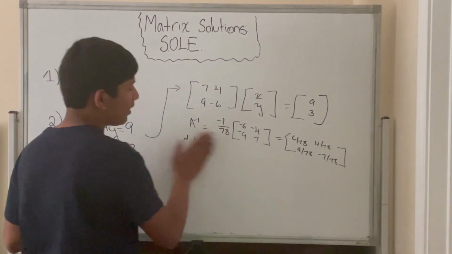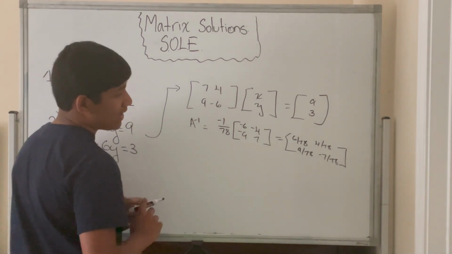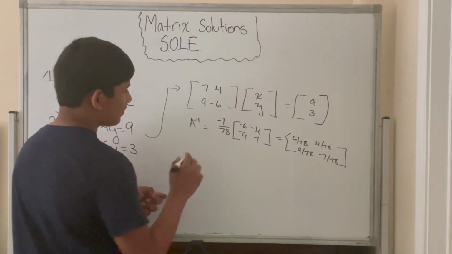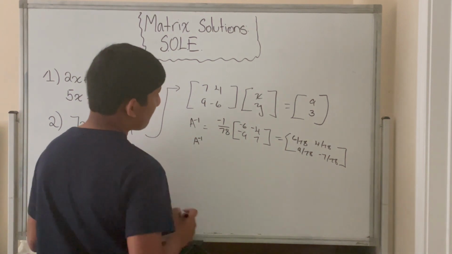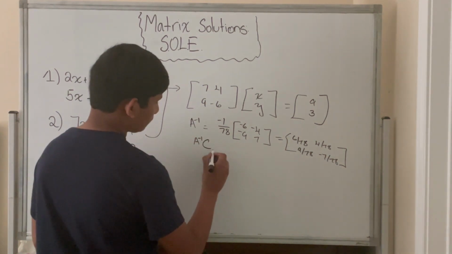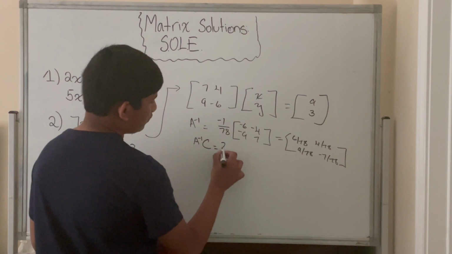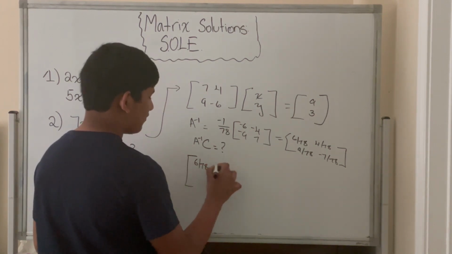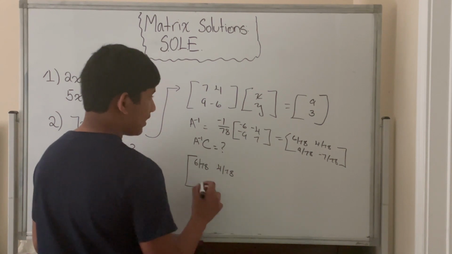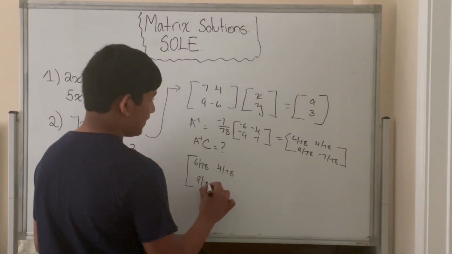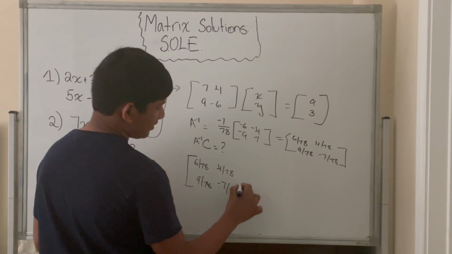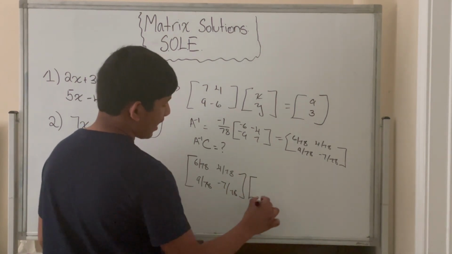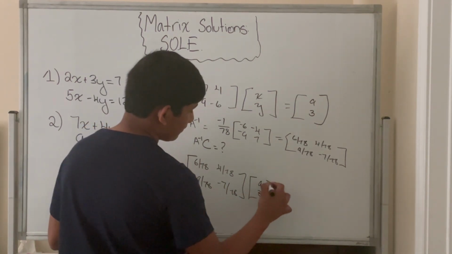Erasing our work over here, we have to now try to satisfy our second goal, which is to multiply this by C. So A inverse C is what? Well, taking this, we have 6 over 78, 4 over 78, 9 over 78, and negative 7 over 78, multiplied by 9, 3.